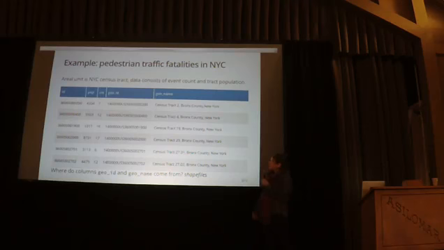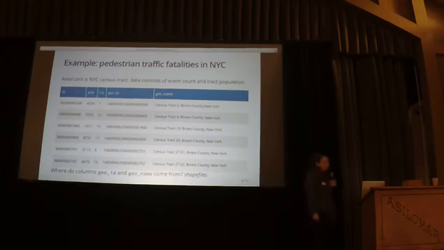So unfortunately, there were 7 people who were hit or injured or killed by cars in Census Tract 2, which is in Bronx County. And you can see that we have Census Tracts 27.01, 27.02. The census tracts change every 10 years, and the population changes.